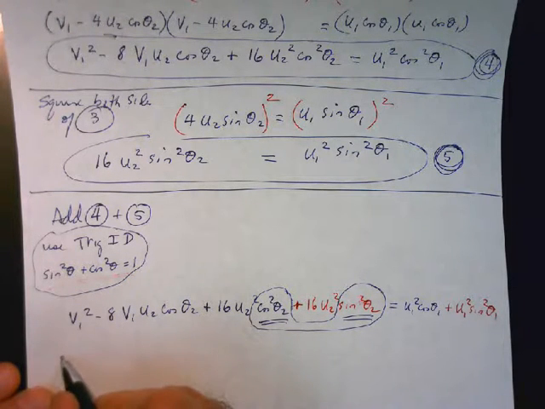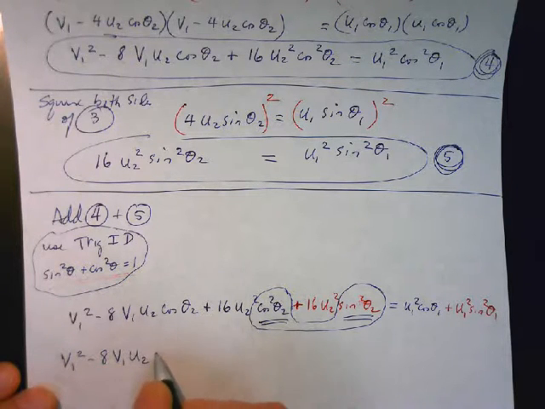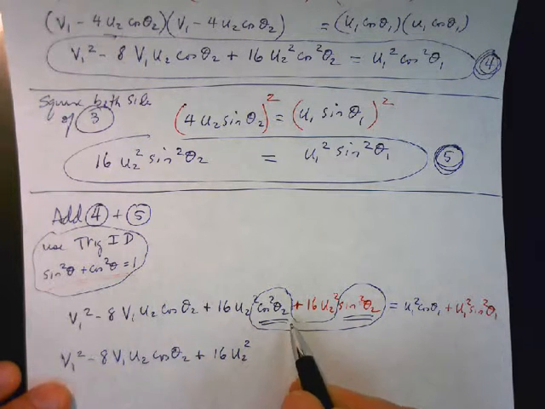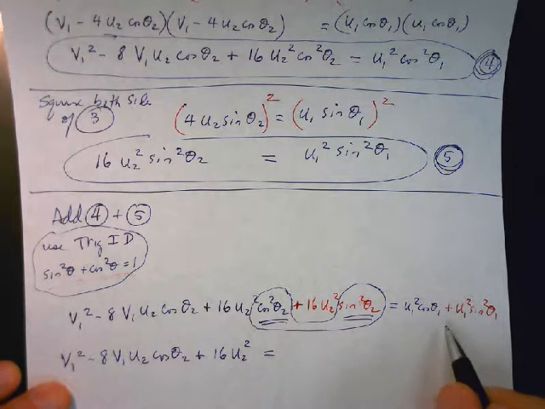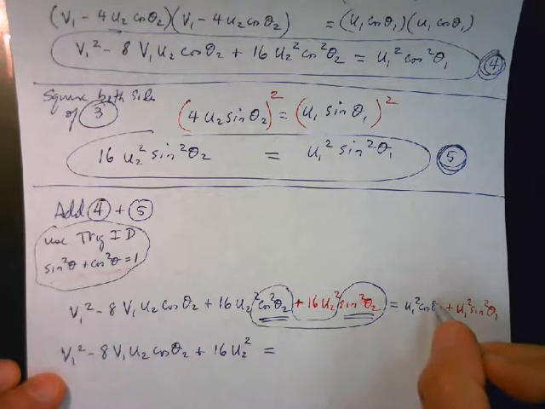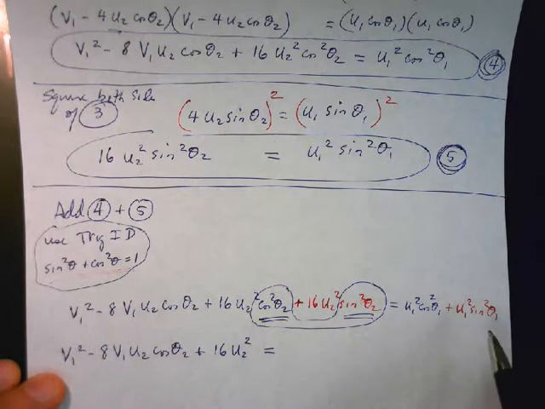So really then we have V1 squared minus 8 V1 U2 cosine theta 2 plus 16 U2 squared times 1, or just that, equals, now this side, I forgot to write the squared in there. This side we have the same situation.